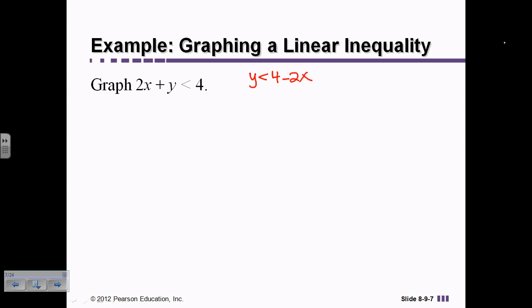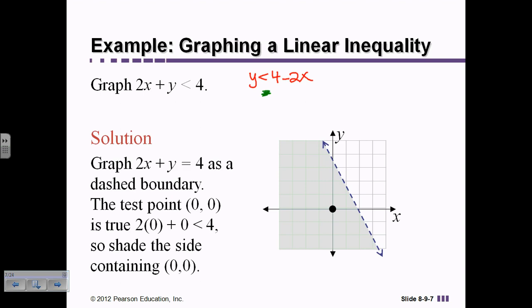So when I graph this line, I end up with a line that has a y-intercept of 4 and a slope of -2. Now because the inequality is just less than, my line will be dotted. Okay, so here's what I have. Y-intercept is 4.